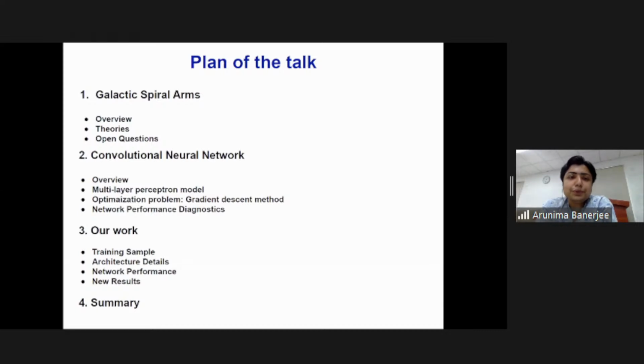Okay, so we will begin with a brief overview of what galactic spiral arms are, what the theories are which have been proposed to understand the existence of those spiral arms, and then we'll end with the motivation or the open questions which could still not be addressed in this area of research, which will form the basis or motivation of the work which we have done, which I'll come to in the third part of the talk, as you have seen.